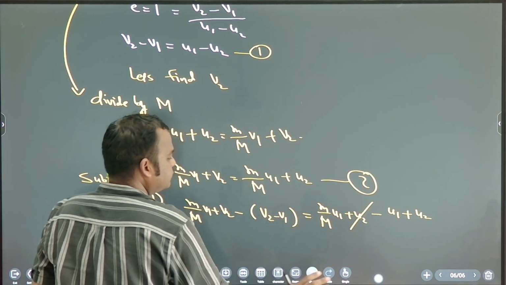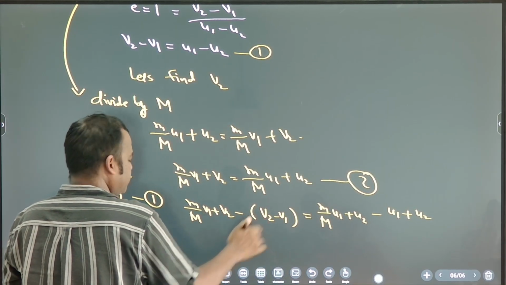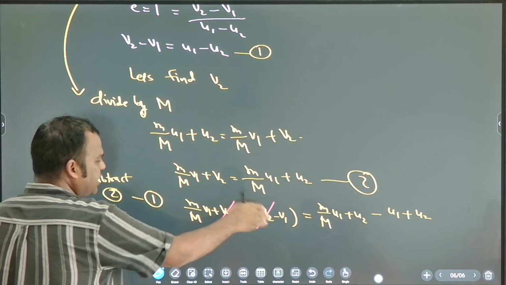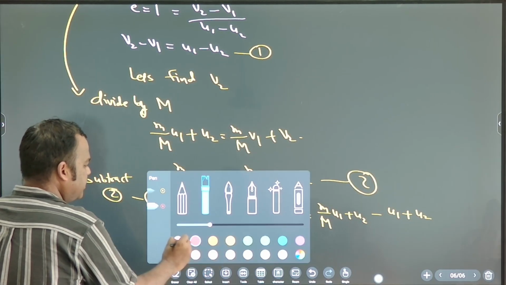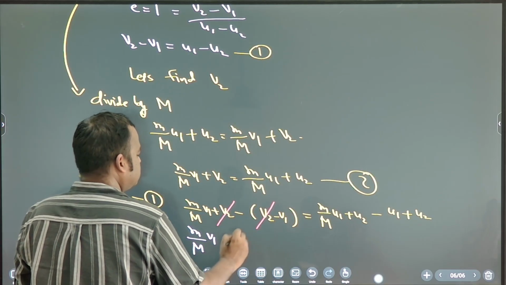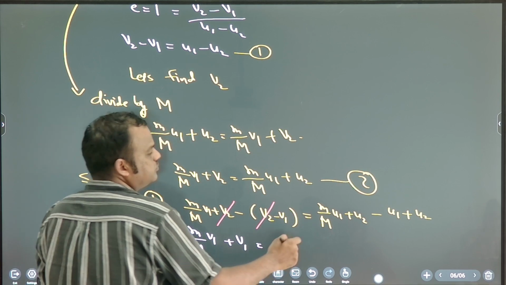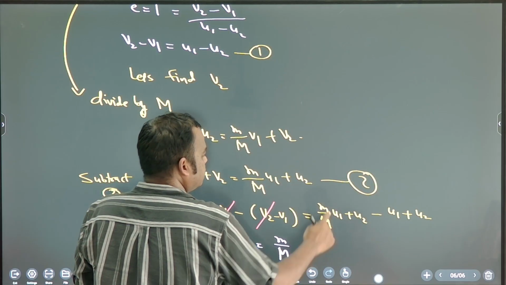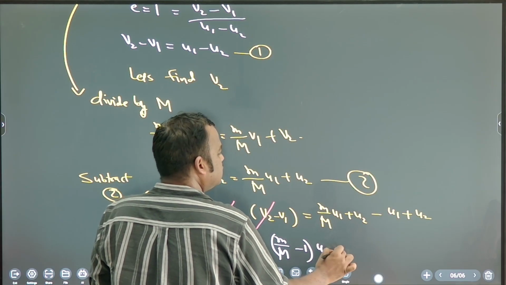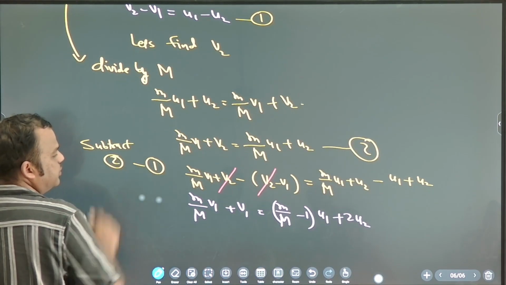Sorry, v2 minus v2 cancels. Okay, clear. Then you have m by capital M v1 plus v1 is equal to m by capital M minus 1 times u1 plus 2 u2. Okay, clear.